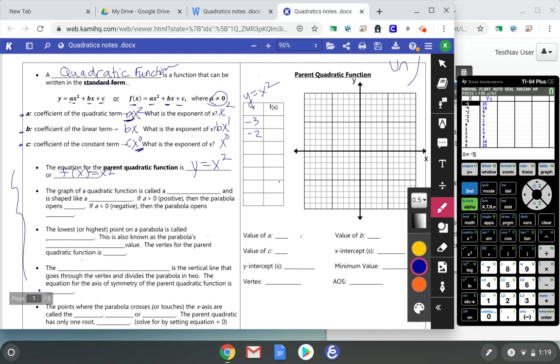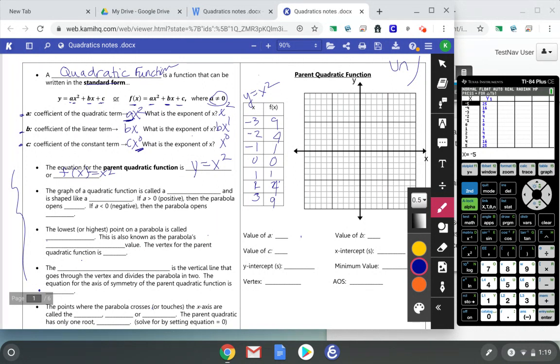So in this case, let's do -3, -2, -1, 0, 1, 2, and 3. All right. So when x is -3, -3 squared is 9, -2 squared is 4, -1 squared is 1, 0 squared is 0, 1 squared is 1, 2 squared is 4, and 3 squared is 9.